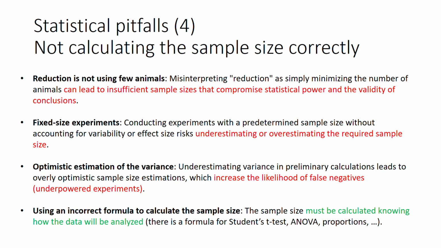Let's say that you use the formula for the student t-test, which is the most common one, but later you will analyze the data using ANOVA. The sample size that you have calculated for the student t-test is not the one that you need for ANOVA, or if you are analyzing proportions. So you should use the correct sample size formula for the type of analysis that you want to do.